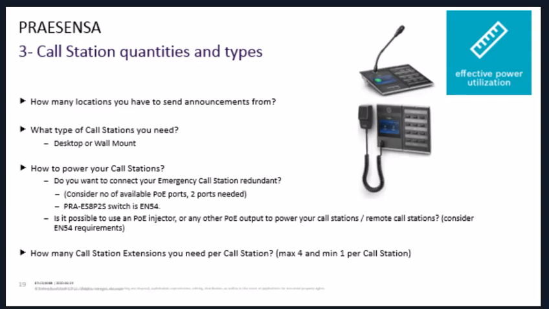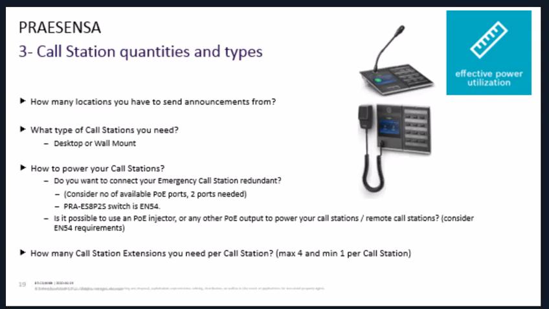Last but not least, about call stations: how many call station extensions you need per call station that you have to add to your offer. Please remember, a PRAESENSA call station always requires at least one extension. So don't forget to add your extension to your offer each and every time you add a call station to your system, at least one.